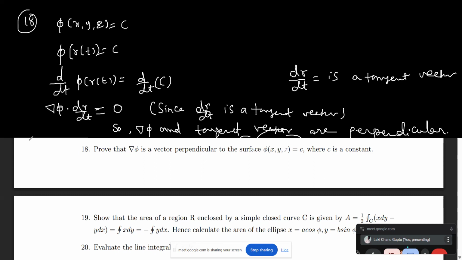I am taking a quick revision of whatever I have told you. See, what is grad phi? There is no dot or cross product in grad phi. Here phi is scalar.